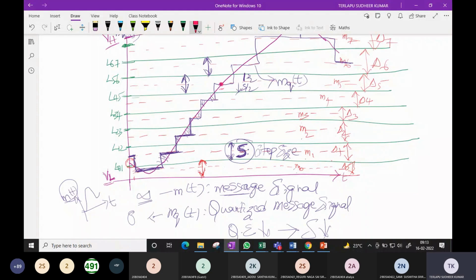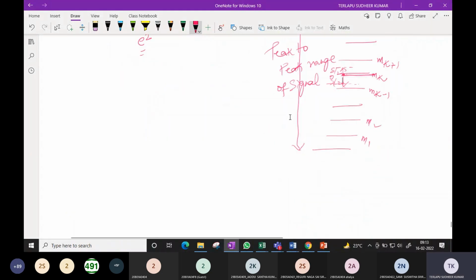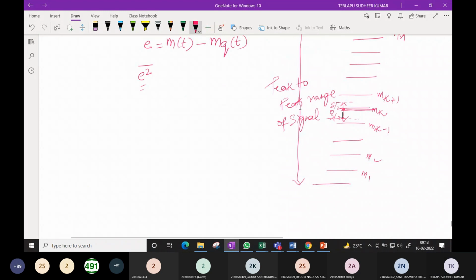if I take for a level, let it be, my x-axis is M, my quantization level. And this is the error, let us suppose, E, or simply error, whatever.